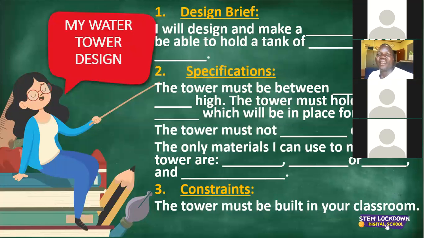Yes. So, can you give us the answer? The water tower must be between what and what high? 30 centimeters and 40 centimeters high. Yes, thank you very much. I clap hands for you for that because measurements in science are very important.